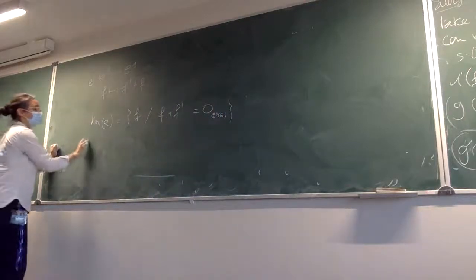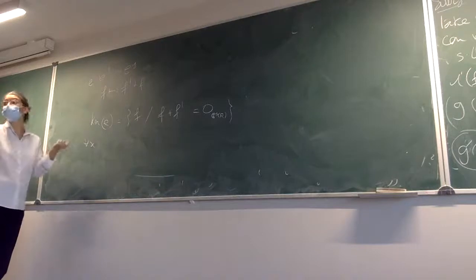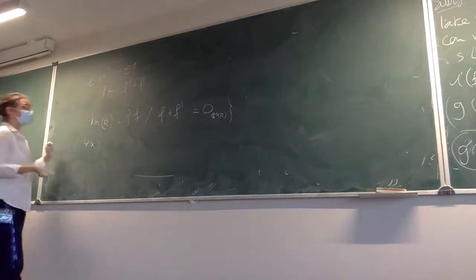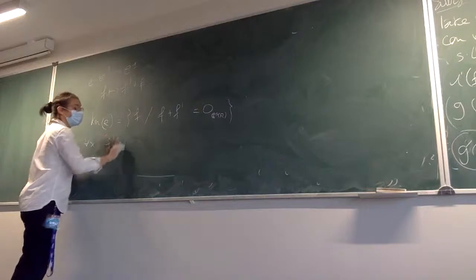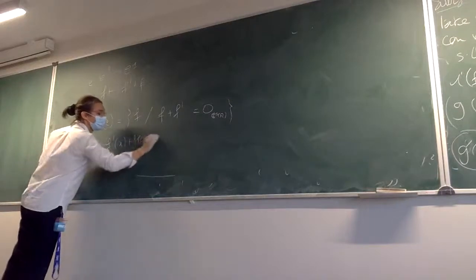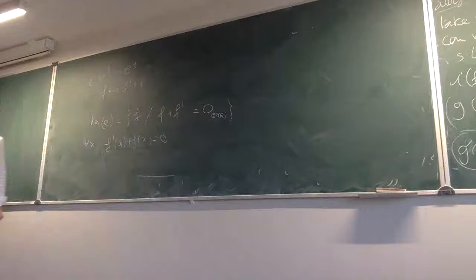So it means that for all x, we want to solve f prime of x plus f of x equals 0.